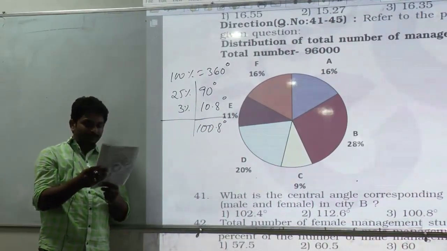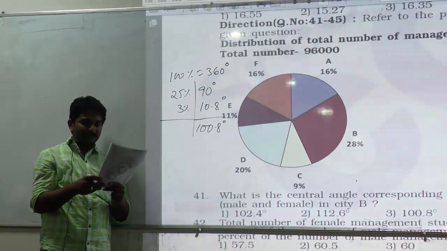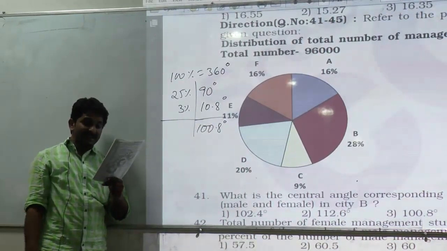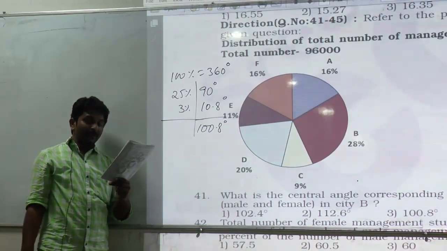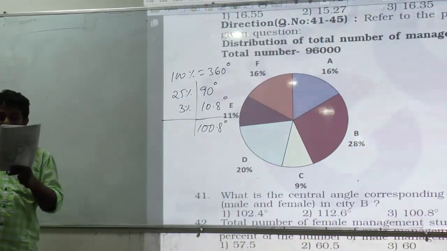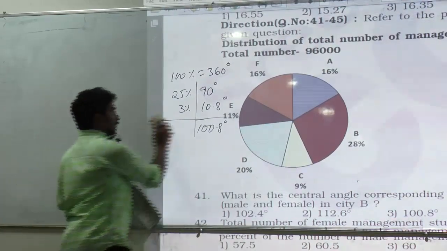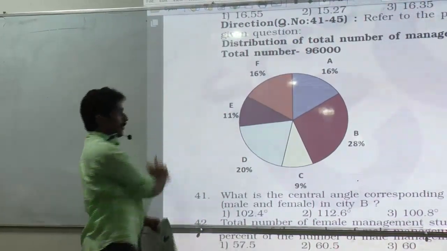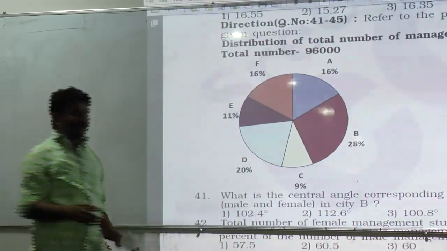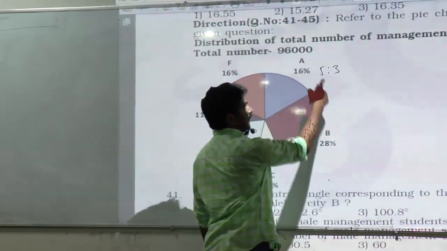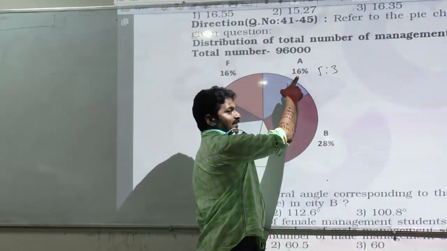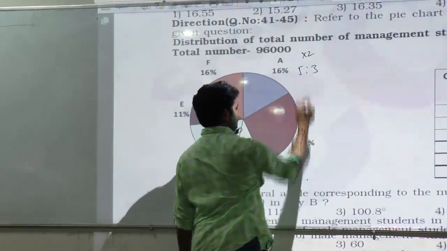42. Number of female management students in cities E and F together is what percent of the number of male management students in city B? Now, let me write the ratio here. For A it is 5:3, 8 parts, 2 times.